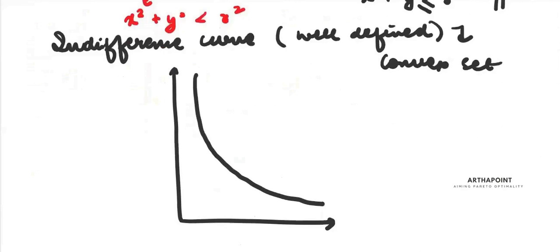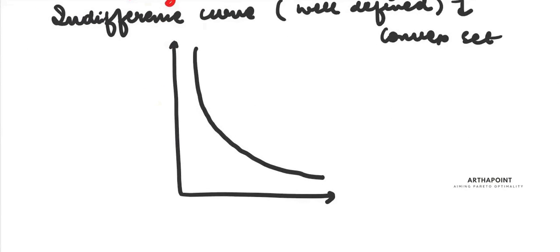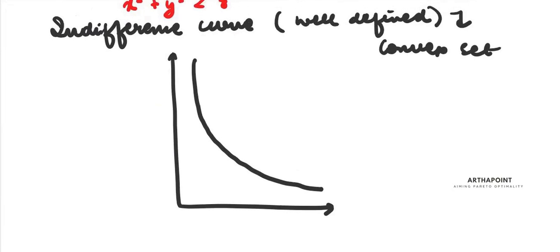Now, here for us, it is important because we just want to talk about indifference curves. So, for example, I tell you that I am interested in the region in which a consumer weakly prefers a bundle. Now, weakly preferring a bundle.